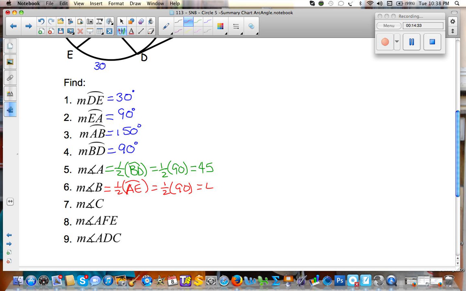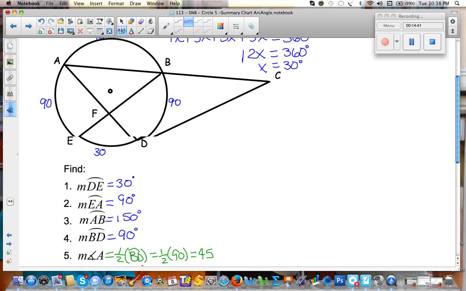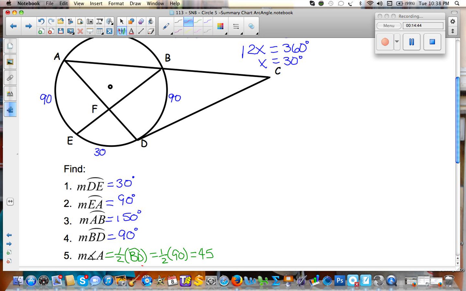And we need to look at angle C. Angle C is an angle formed outside of the circle, and so we need to look at the intercepting arcs that make that angle up. So here's angle C. So we have this arc, which is green.